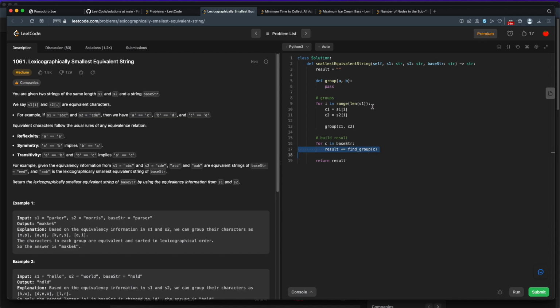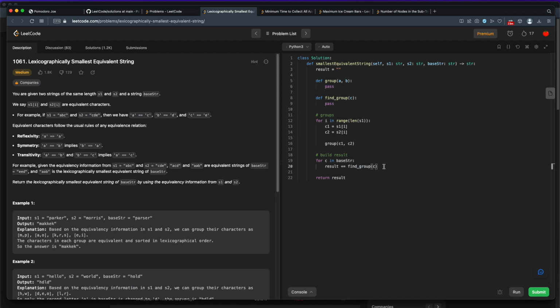This find group is another function we don't have yet, so let's create that up here. So def find group, and it's just going to take in one character and it will return one character.